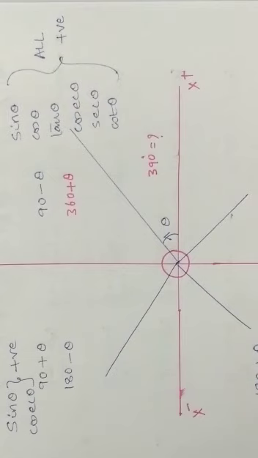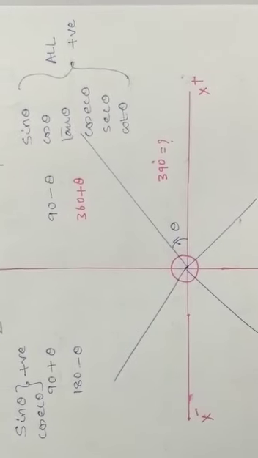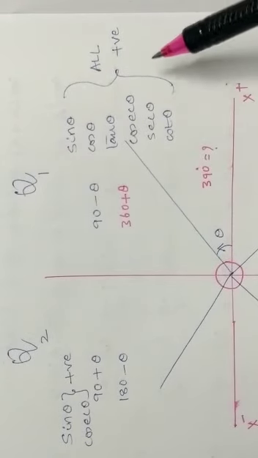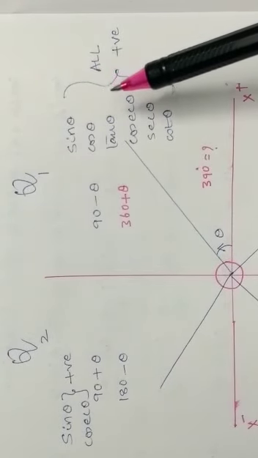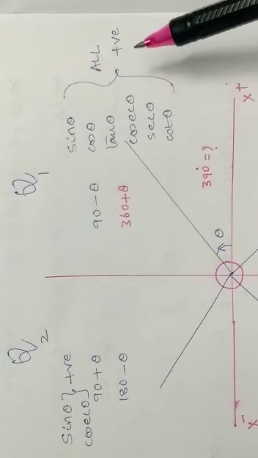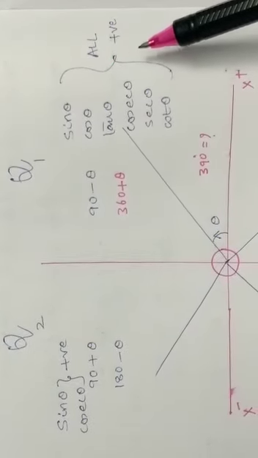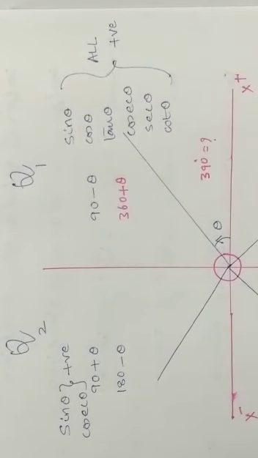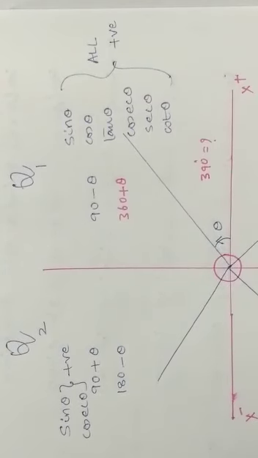In the next video we try to see that in the first quadrant all the trigonometric ratios are positive. Similarly, in the second, third, and fourth quadrants, some of the ratios are positive and some of the ratios are negative. The reasons are discussed in the next video.